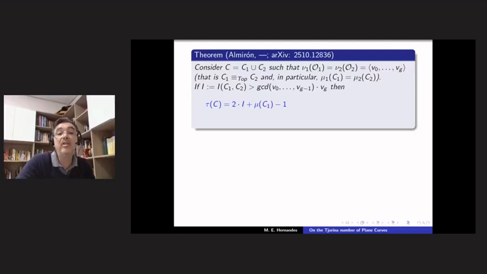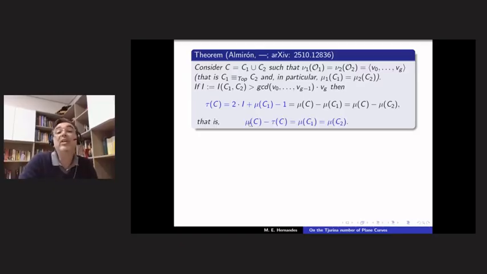And its value is precisely 2 times the intersection multiplicity of C1 and C2, plus the Milnor number of C1 or C2, because they are the same, minus 1. And if we replace these values using the Milnor number formula, we obtain that the Tjurina number for this topological class is precisely the Milnor number of C minus the Milnor number of C1 or C2.